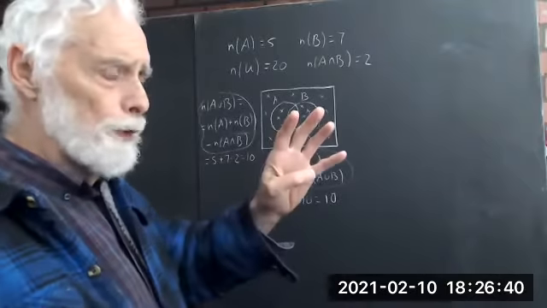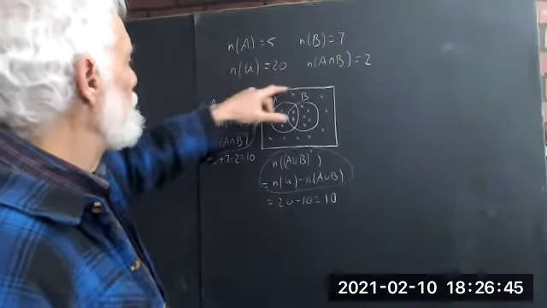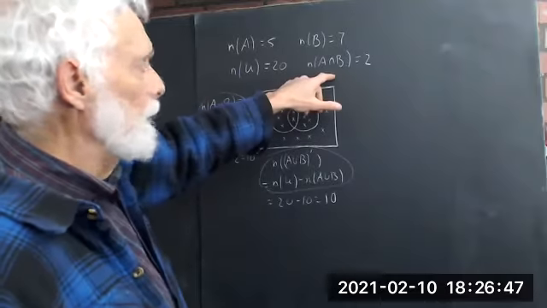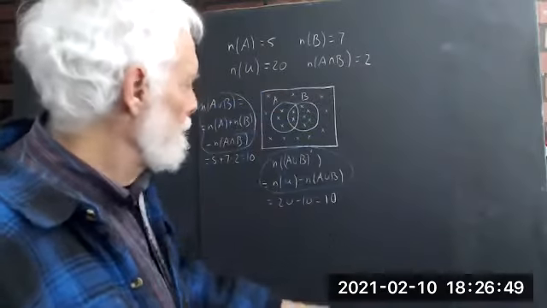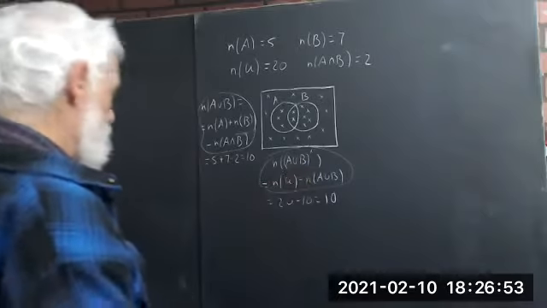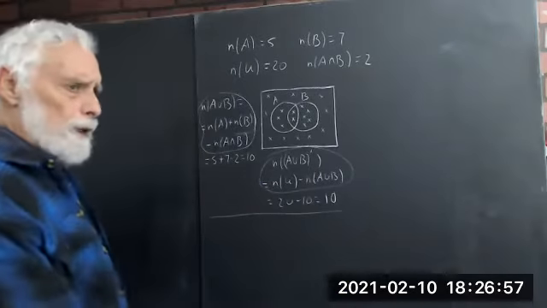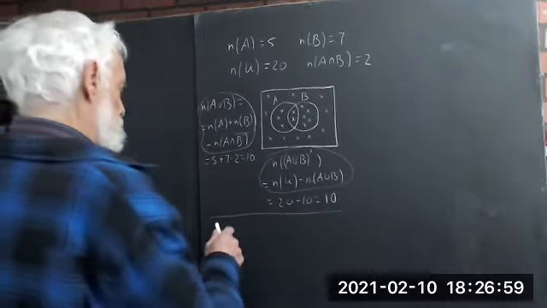So if I give you 4 numbers out of number in A, number in B, number in U, number in A intersection B and the number in A union B prime, then you can always calculate the number in the other one.